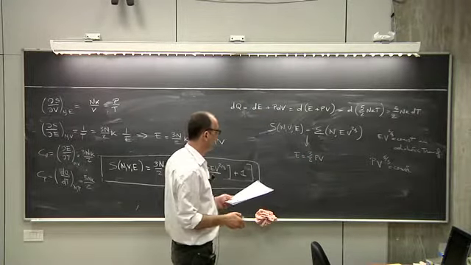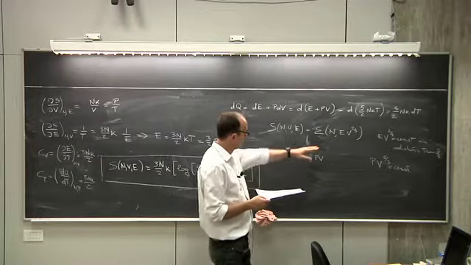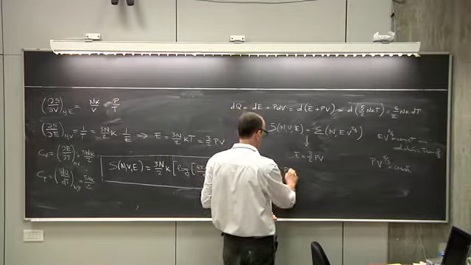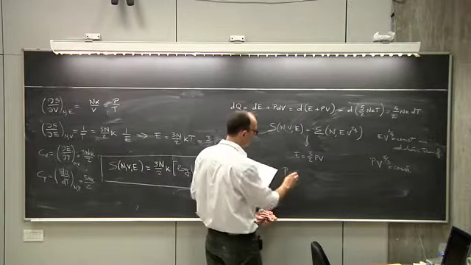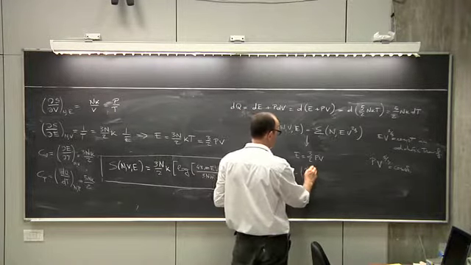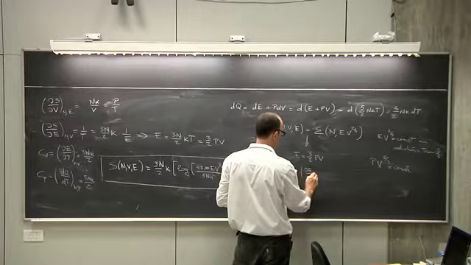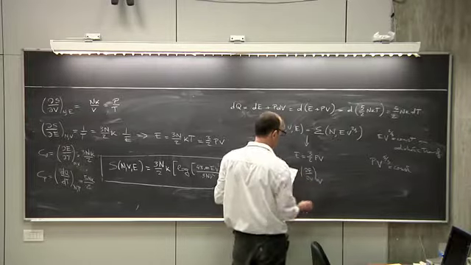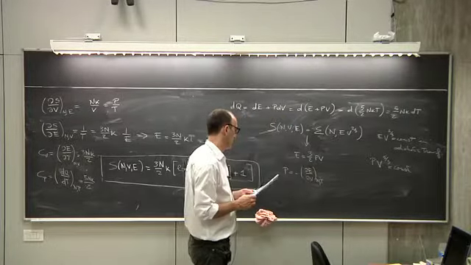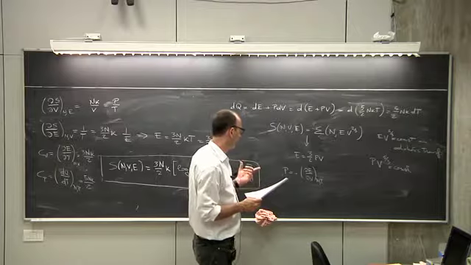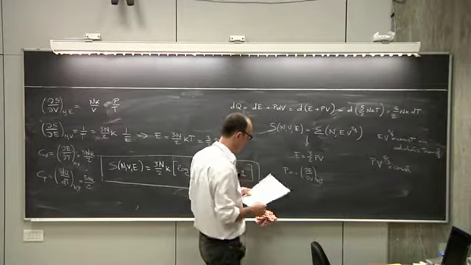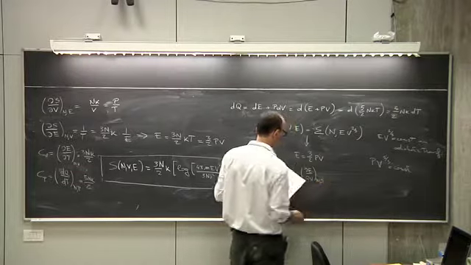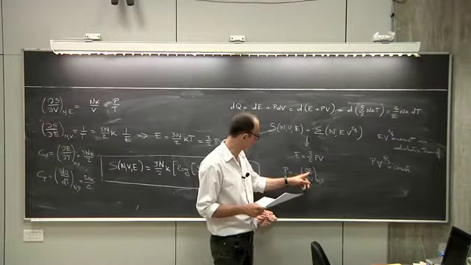And why is this? Because you can write the pressure from thermodynamics as minus the derivative of the energy with respect to the volume at constant N and S.